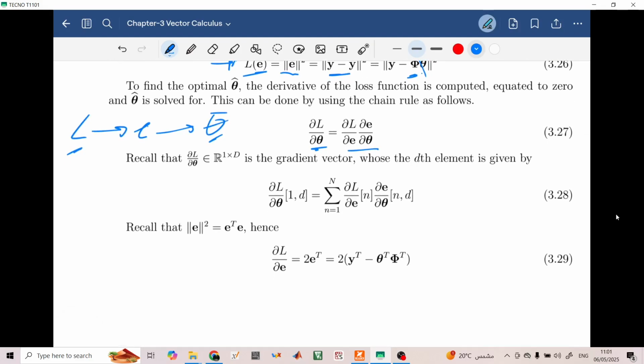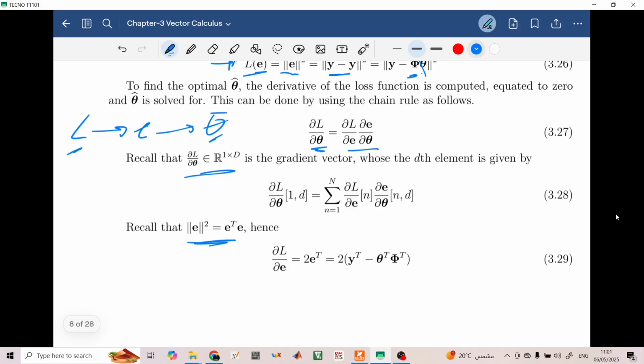Now again, you need to be careful. This is a gradient, and a gradient is a row vector, so you need to be careful. Anyways, let's look at the function of the error. The error is simply the norm squared.